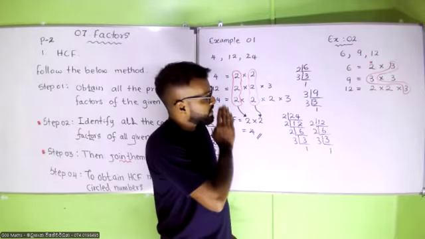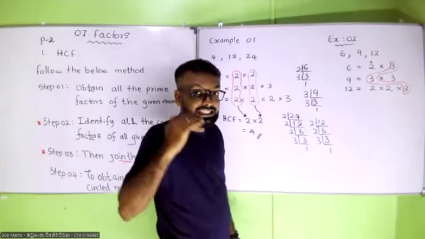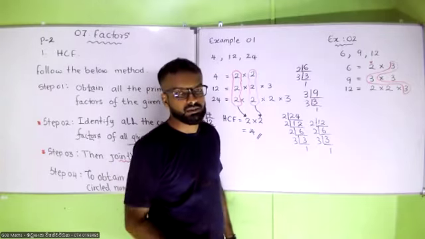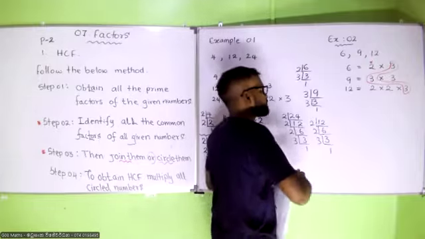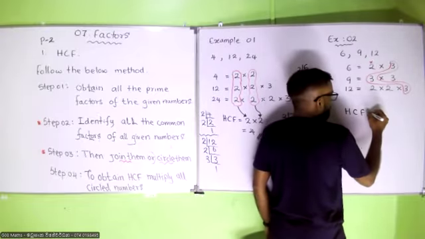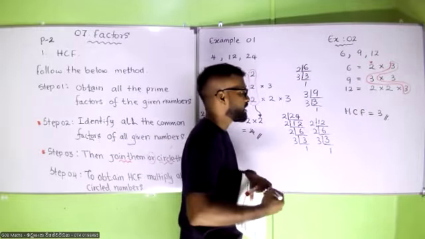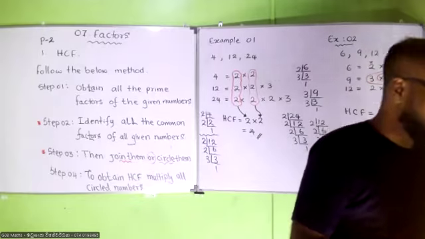All of the 6, 9, and 12 can be divided by only using 3. That is called highest common factor. So the HCF is equal to 3.